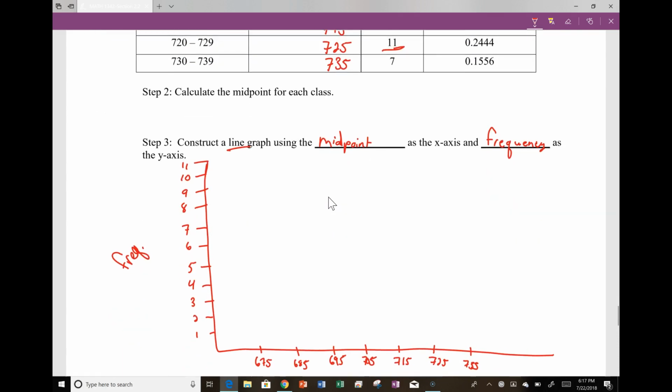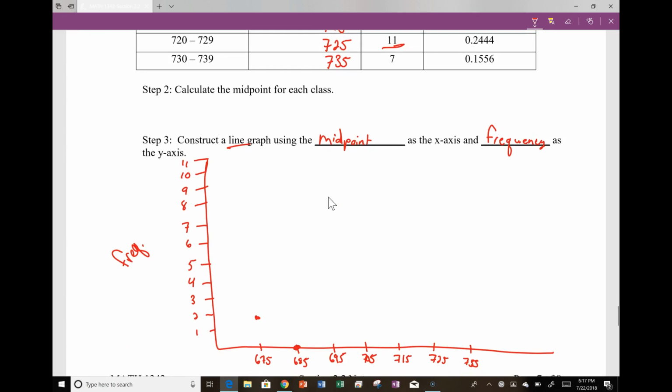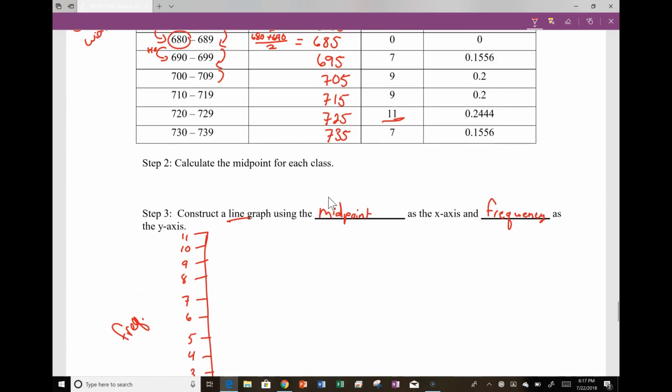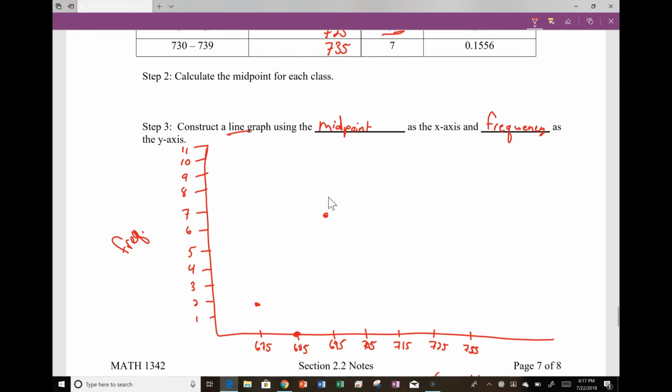So 675 with 2. I'm going to put a dot. 685 was 0. Well, that one's kind of easy. That one's right there. 695 was 7. So I'm going to put it up at 7. 705 had 9. So I'm going to go up to 9. Well, 715 also had 9. So I'm going to stay at 9. 725 had 11. And 735 had 7.